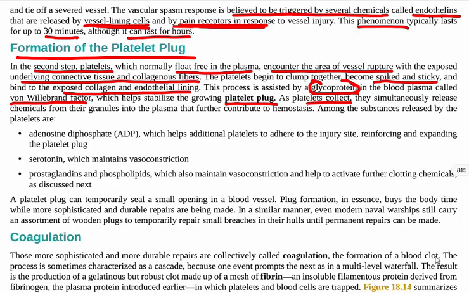Remember, there are some granules in the platelets, and they're going to release these chemicals, and that's going to further contribute to hemostasis. So the platelets are just going to be floating along, they're going to get stuck, and then once they get stuck, they're going to send out little messages to other platelets to say, hey, come help. The first one sends out adenosine diphosphate, or ADP, and the ADP is going to help additional platelets adhere to this injury site.